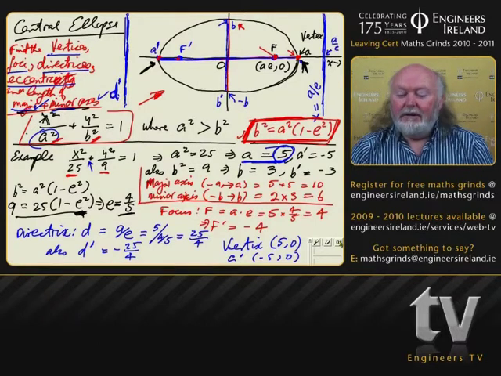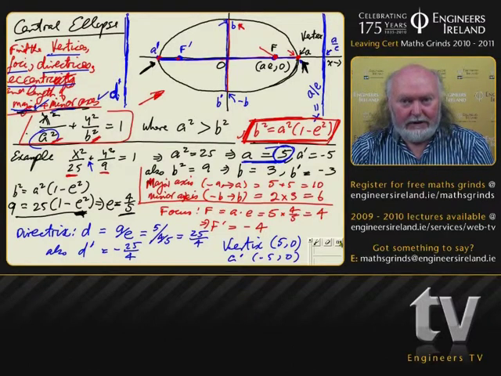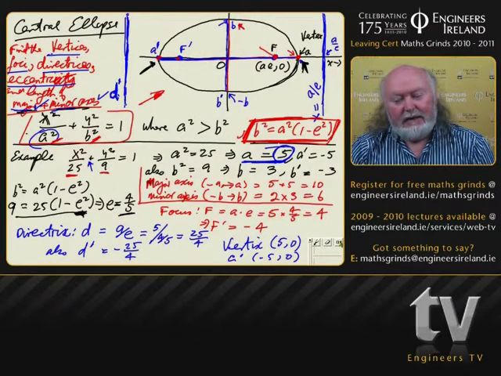Those are the basic pieces of information you need to know about them. If the major axis is along the x-axis, the focus is A times the eccentricity, that's the ratio of the two lengths, that's the x value.